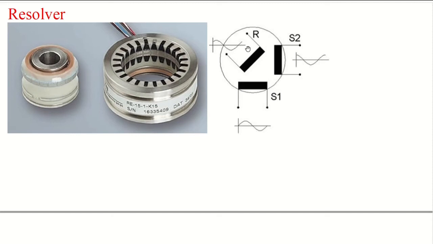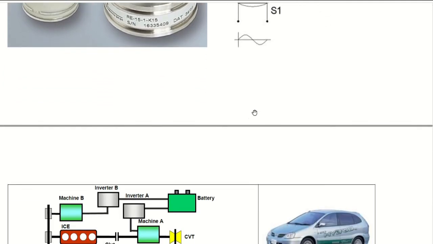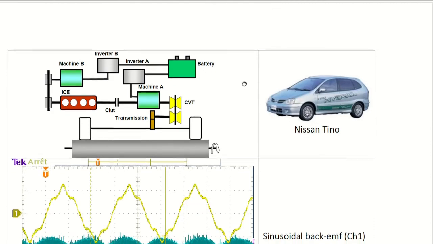You have a coil here, an inner coil that is excited with, let's say, between 10,000 and 14,000 or 16,000 hertz. And then you have fixed coils in alpha and beta, which give sine and cosine, S1 and S2 coils, that give these slowly changing signals.